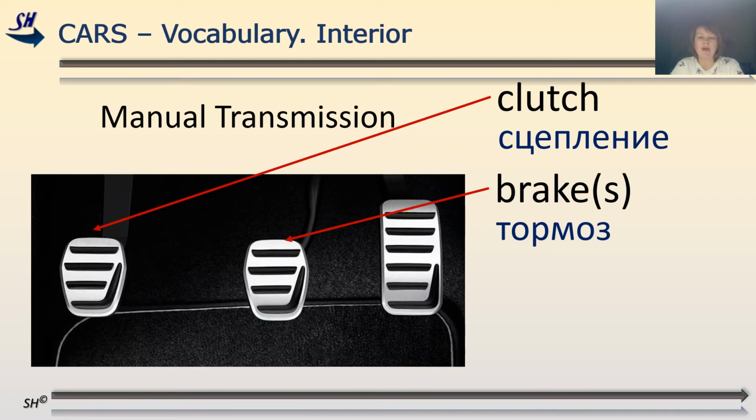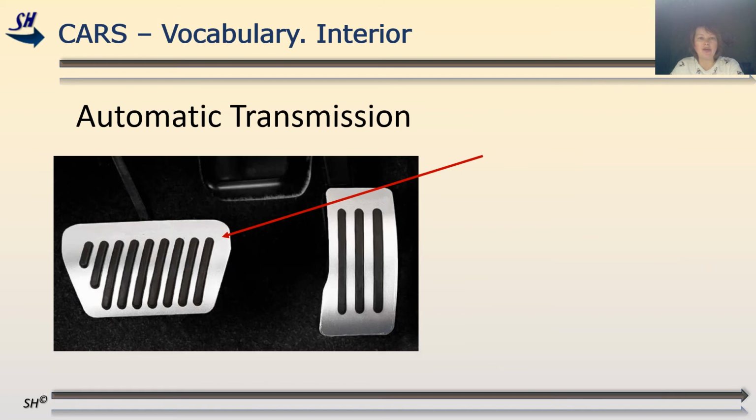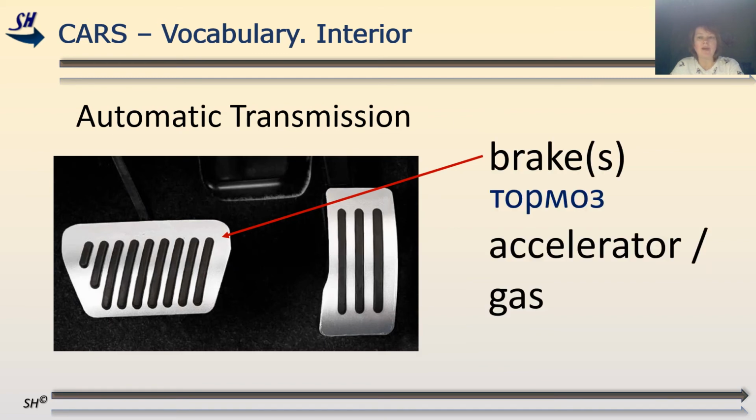The third one is the accelerator or the gas pedal. However, if we look at the automatic transmission, there are only 2 pedals, the brakes and the accelerator.